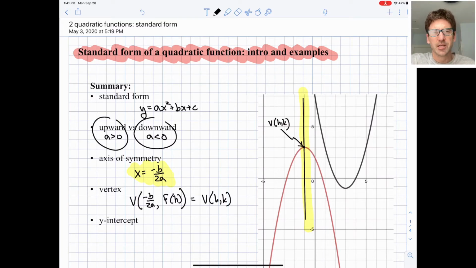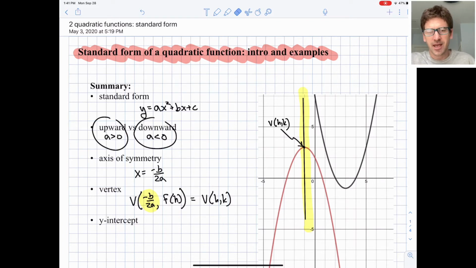Okay? h and k are not values within the equation, but we can determine them from coefficients in the equation. So to find the x-coordinate of the vertex, also known as h, we just use that little formula, negative b over 2a. And hopefully that makes sense because that's the x value upon which the axis of symmetry lies.